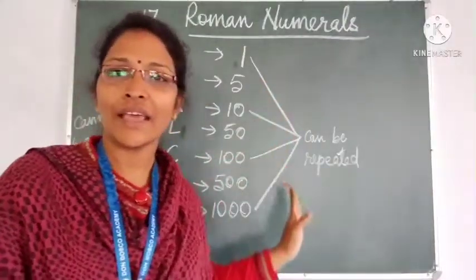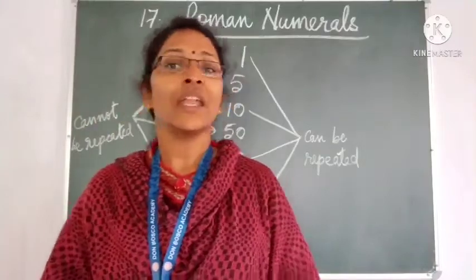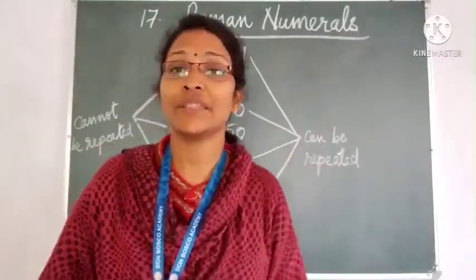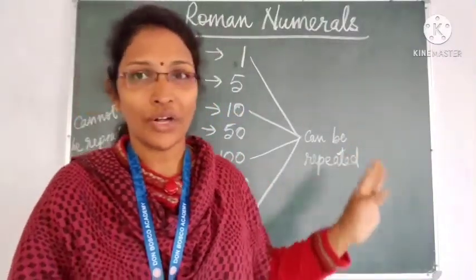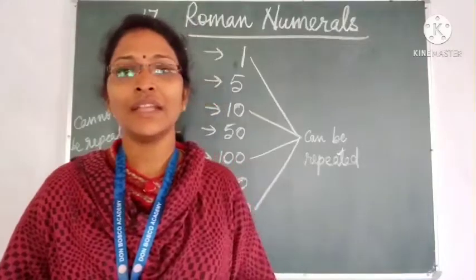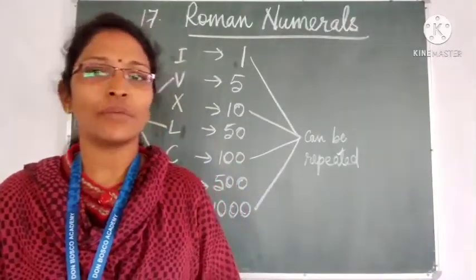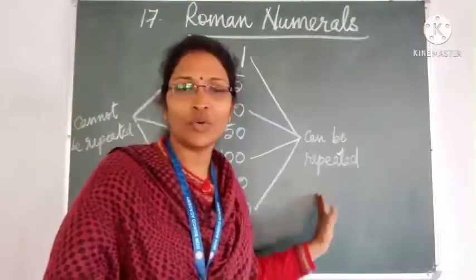Only I, X, C, M can be repeated. But you cannot repeat them as many times as you want. They can be repeated only thrice, only 3 times in a number, not more than that. That is one rule.